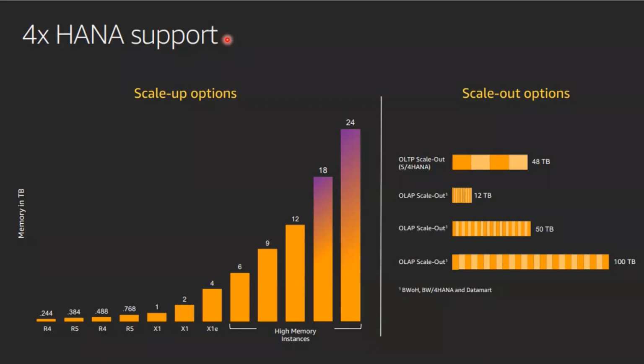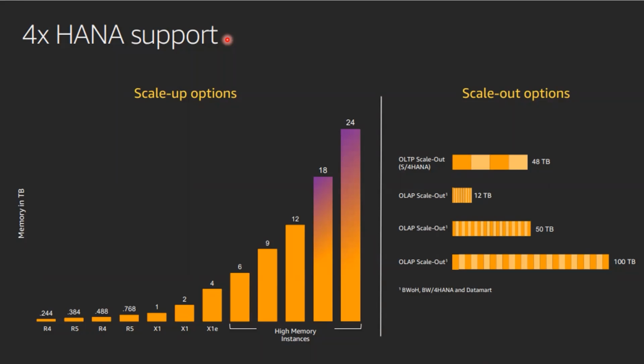This is for OLTP, and OLTP can even scale up to 48 terabyte. We have UB Metal servers which now support 48 terabyte of memory. And for OLAP scale out, you can go up to 50 terabyte of memory. And even now with a 25 node cluster, you can go up to 100 terabyte.